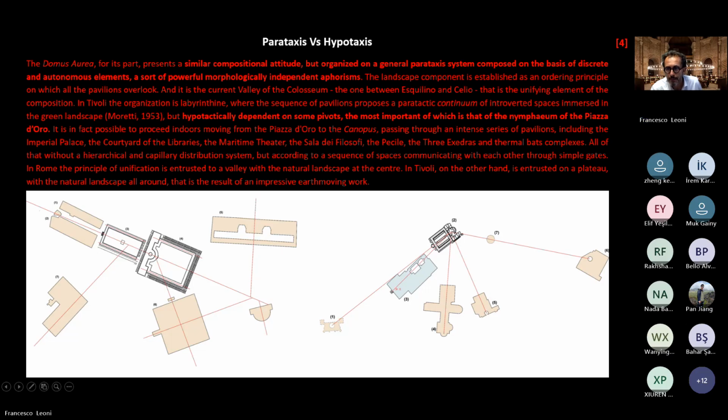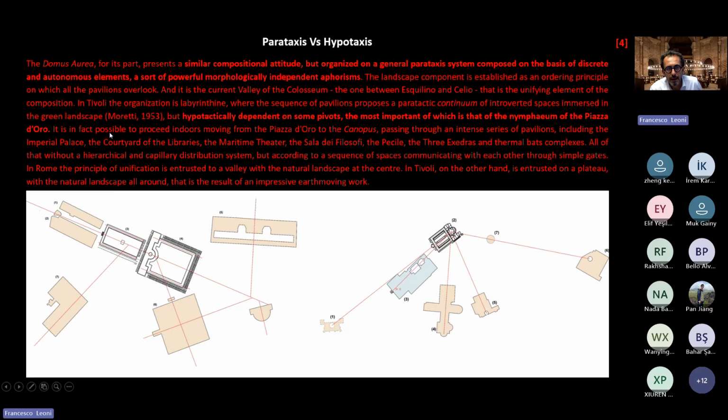So, the paratactic continuum that is present both in Domus Aurea in Rome and in Villa Adriana in Tivoli changes in Tivoli according to the hypotactic hierarchy descending on some pivot.